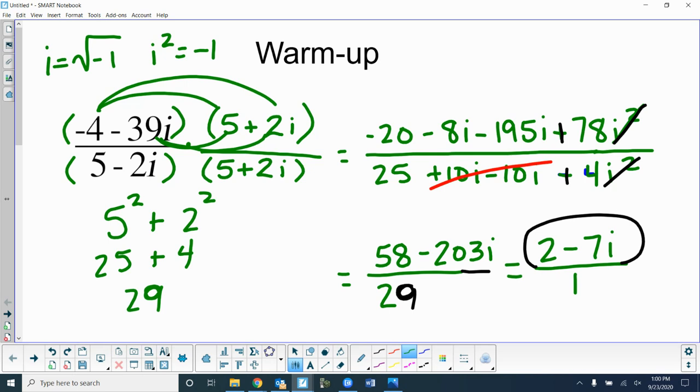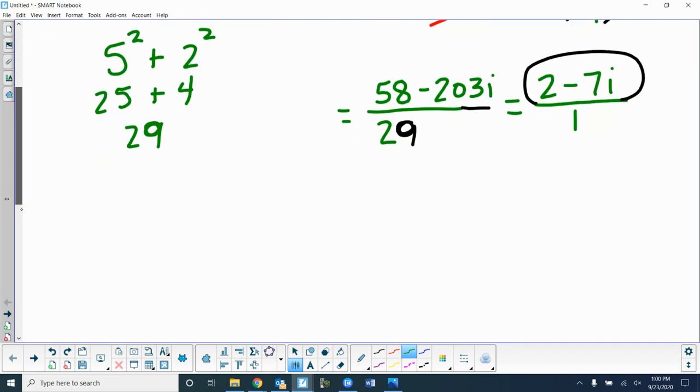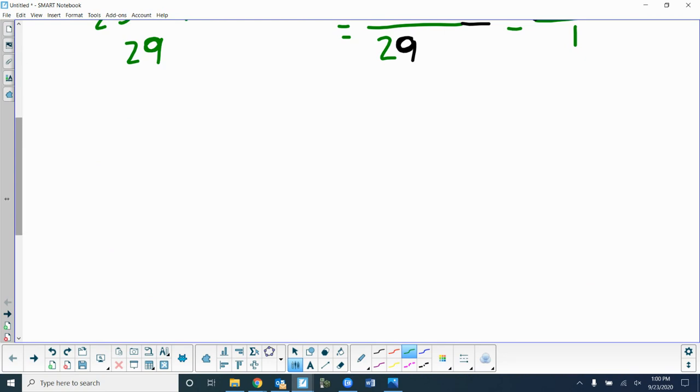Okay. The last two, let's just do those two real quick, just to go over how to do those. So 57 was negative i to the 40th power.